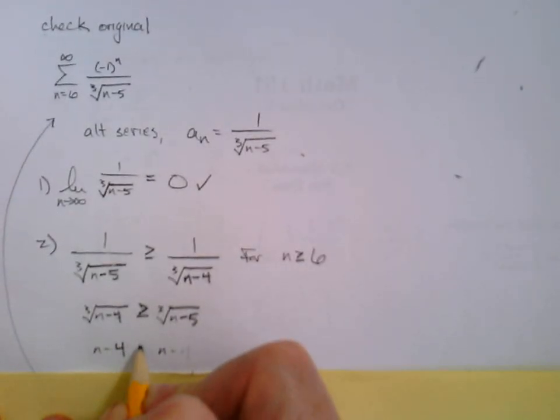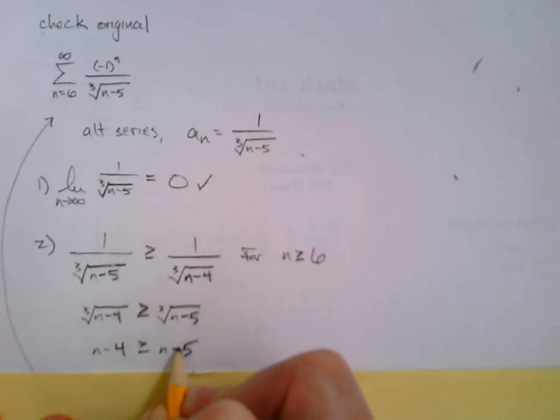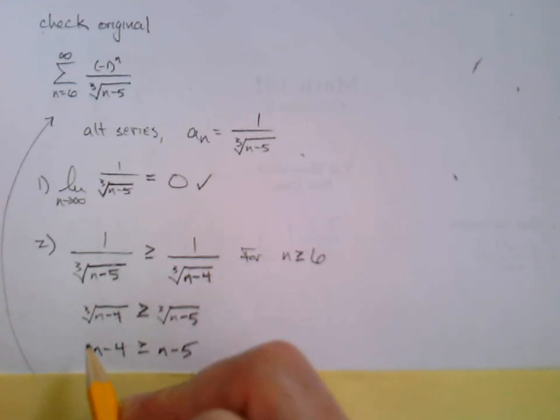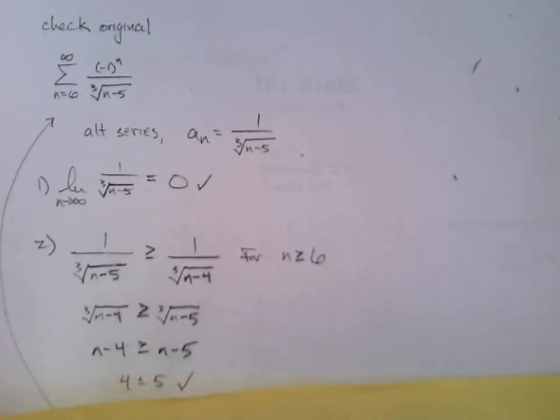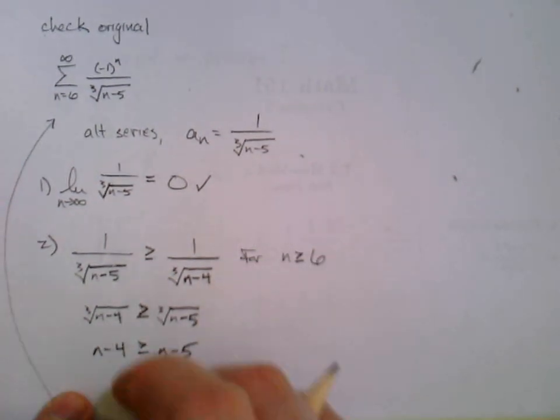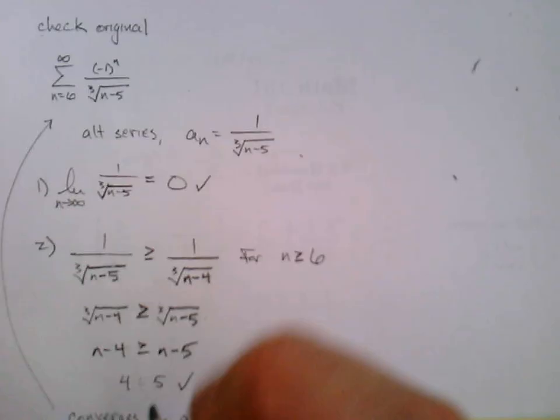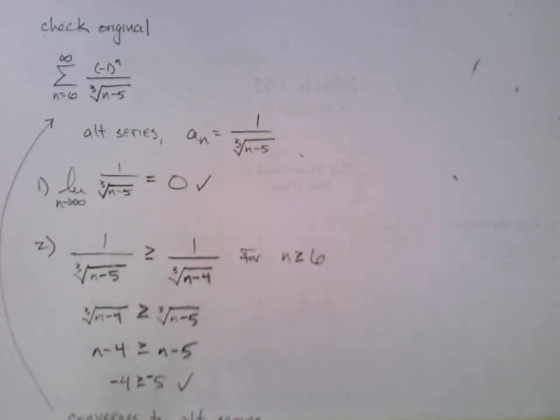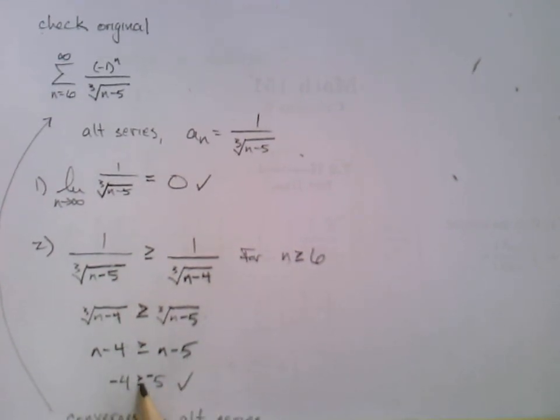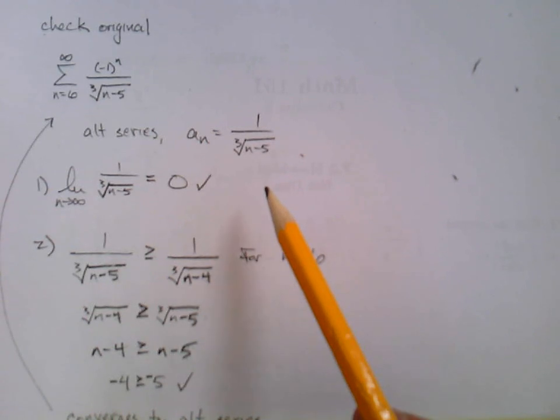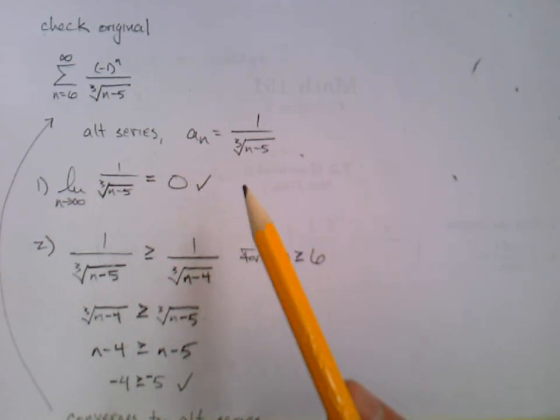If I cube both sides, well, then I get this statement right here. Okay, and now if I subtract n, and yeah, -4 is greater than -5, so that one works. Check. So both conditions of the alternating series test worked out.